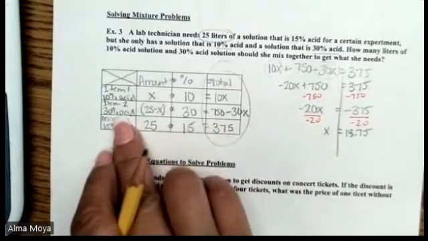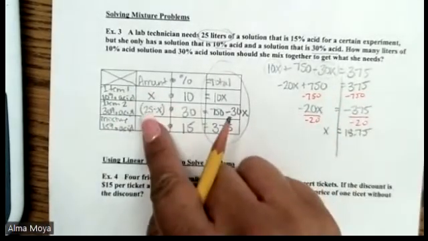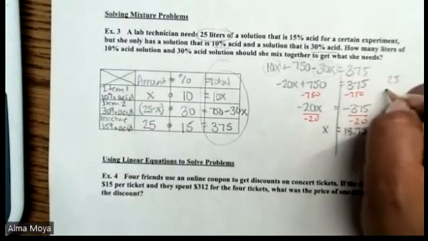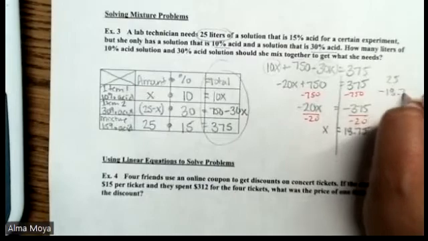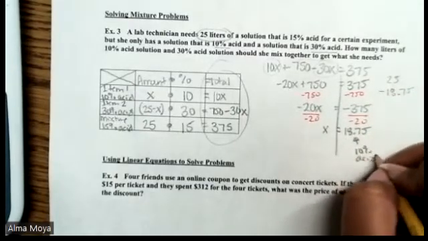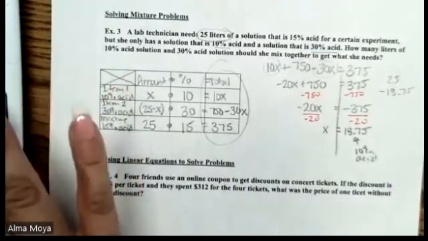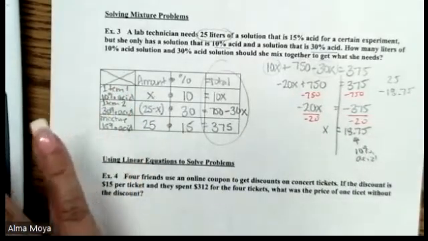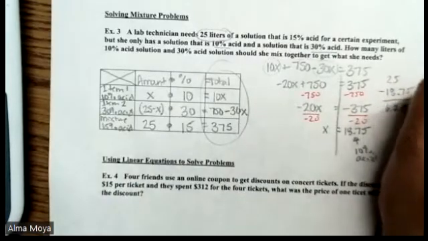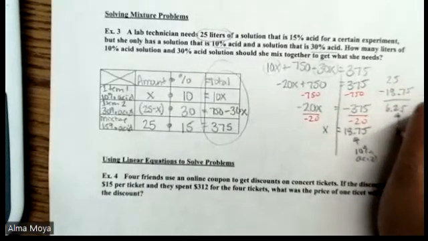And then to find the 30%, I need to take 25 minus that number. So let me see, 25 minus the 18.75. So this right here is the 10% acid. And then 25 minus 18.75 equals 6.25. And that one is of the 30%.